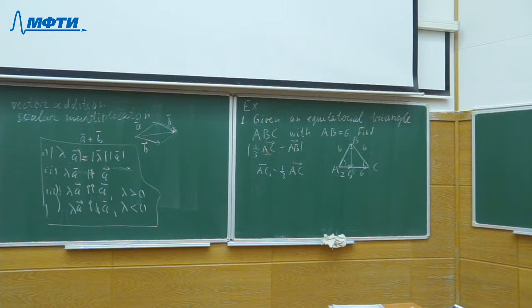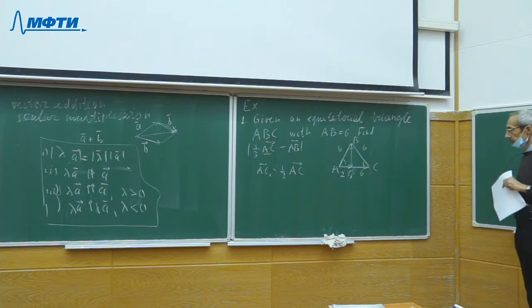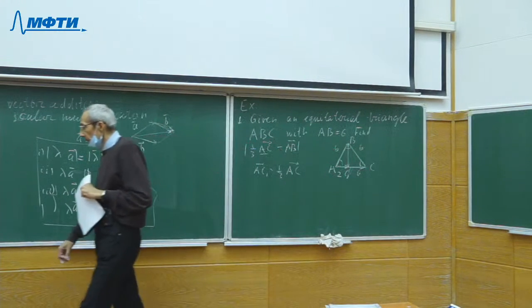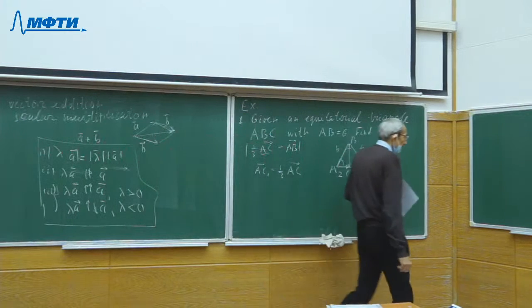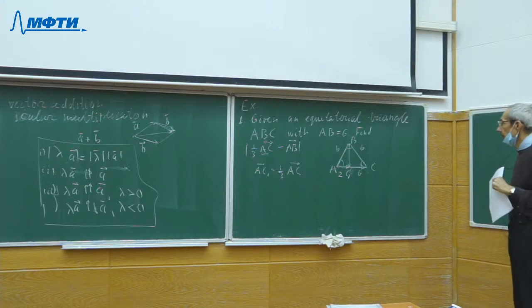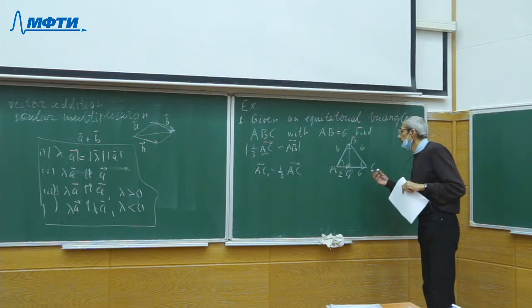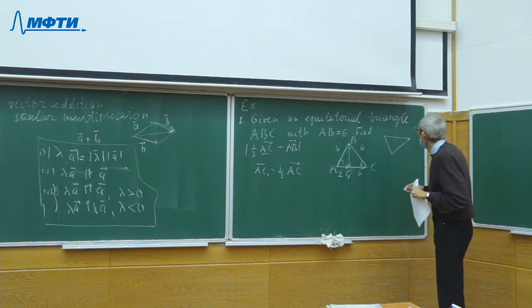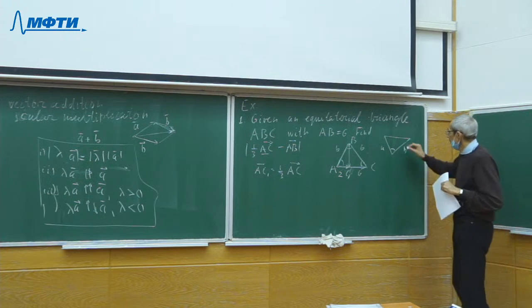How can we calculate the length of this vector? We can use the cosine theorem, which gives us the way to calculate the length of a side in a triangle if we know two other sides and the angle between these sides.